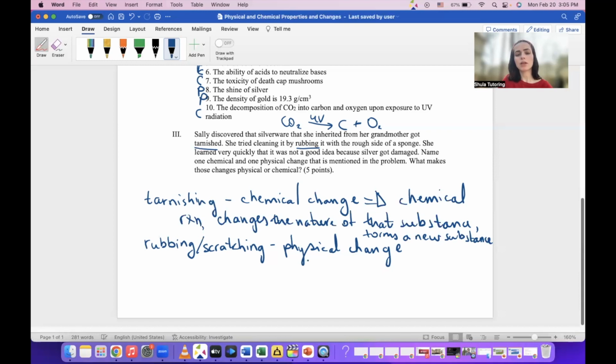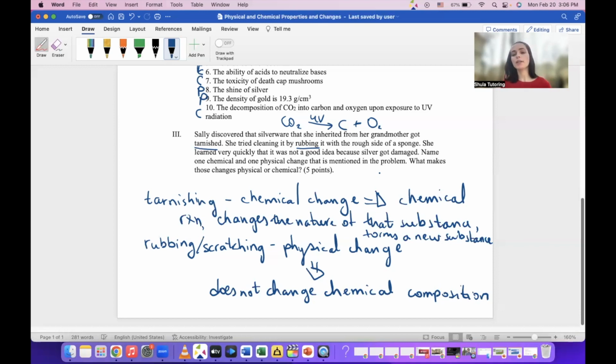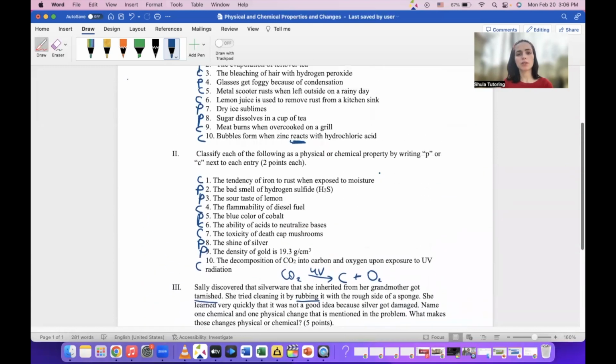For rubbing or scratching, you can say that rubbing does not change that substance's composition. So if you answered something along those lines, you can give yourself full credit. If you got part of it correct, you can give yourself partial credit. So just wanted to mention a few things.